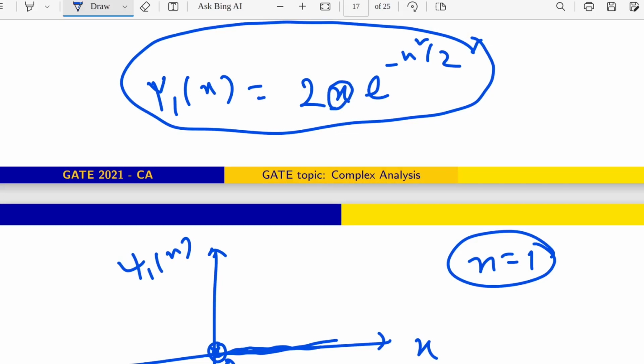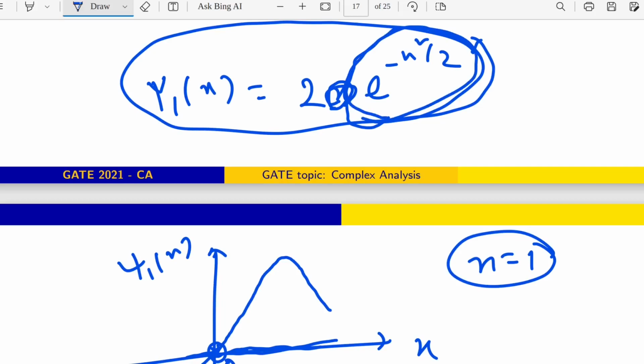And after some time it will be decreasing due to this term, which is an exponential decreasing function. So it is like that, and after a certain value it will decrease. Now coming to x equals a negative value. When x is negative, then obviously due to this factor it is going down. But after some time, due to this one, as there is an x square term here, it will be like this.